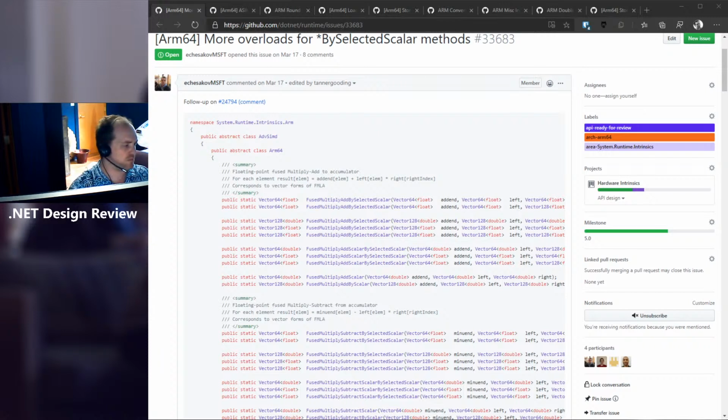We did not review the vector 128 version, also supported by the hardware. This is just, when adding it, the combination of types and sizes were already done. Correct.